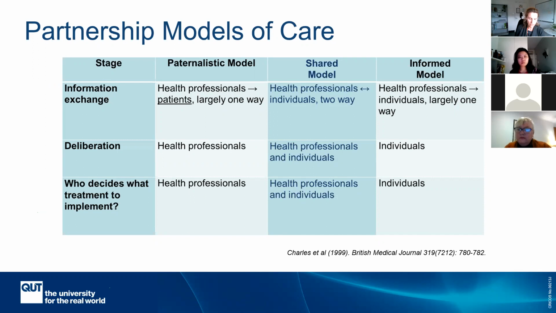The first, on the left, is the paternalistic model, where the doctor or the medical professional owns the expertise, whereas the informed model on the right-hand side is where the person living with the disease owns the expertise. However they've found out that expertise, they live with it, so they are actually experts.